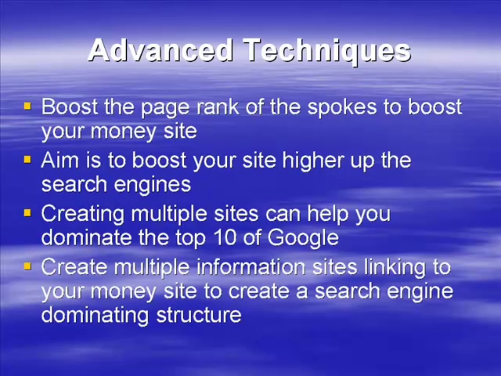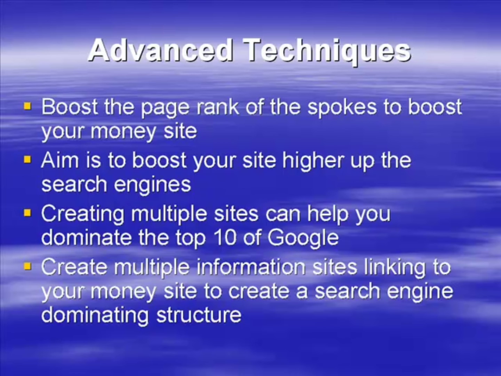Now, here's another thing that you could do. This is a much more advanced technique, so I've left it to last. We talked about creating link wheels for each of your link wheel spokes, but what if you had your central money site, and around the outside of that was a number of domains that you owned that were information sites linking to it?